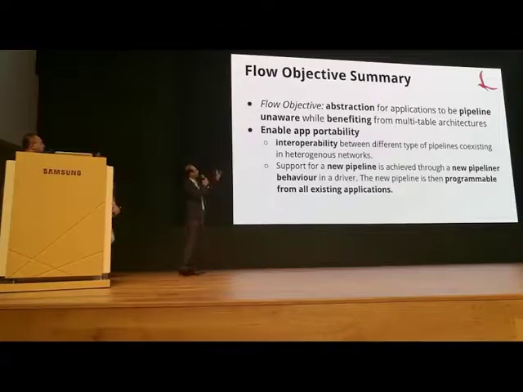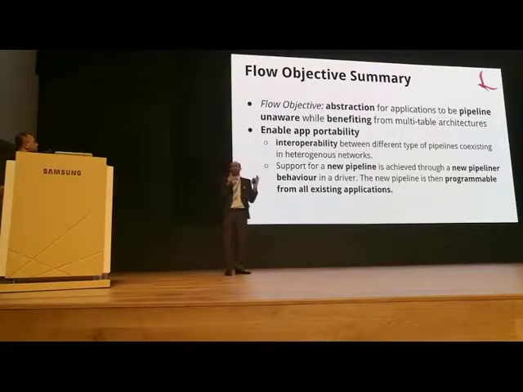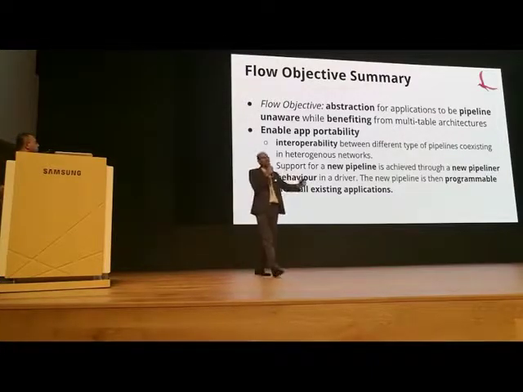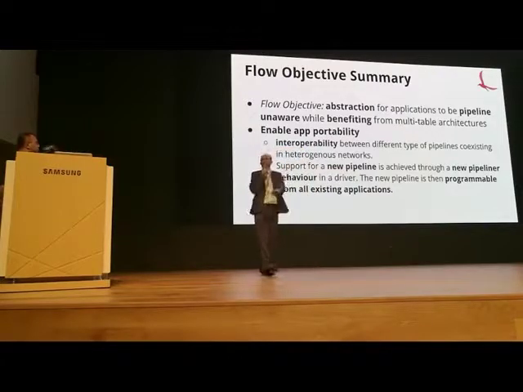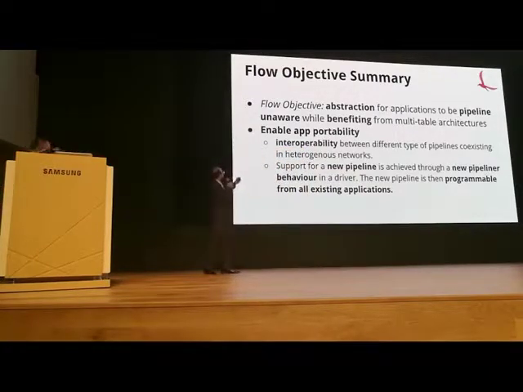So flow objective is an abstraction layer for applications to be pipeline aware. So we don't care how many tables we have and what capabilities they can support. The application and the other piece of code, which is flow objective, will do the rest. So it enables, as we said just now, application portability, and interoperability between different types of pipelines coexisting in a heterogeneous network, evidently, because you may have devices from multiple vendors.